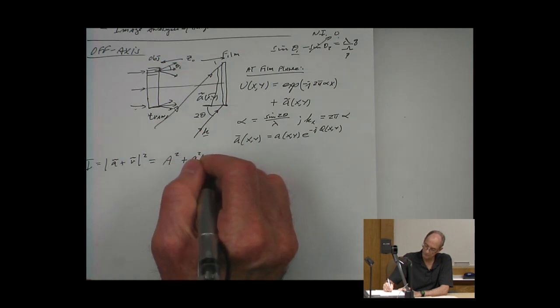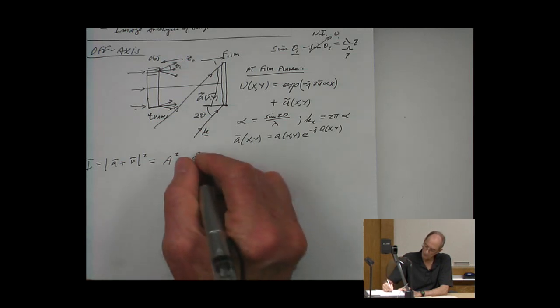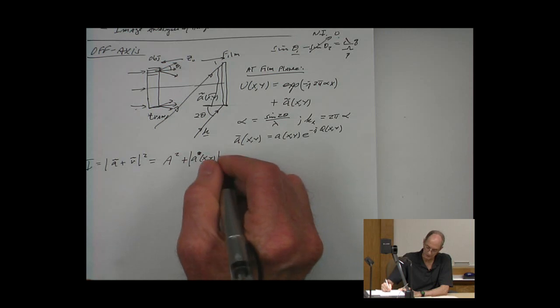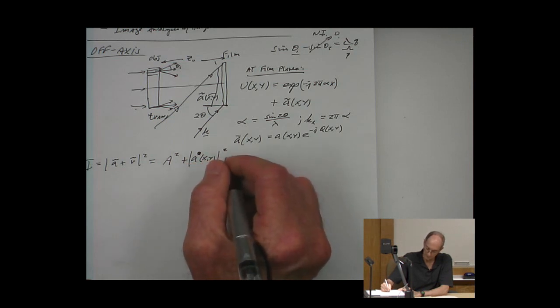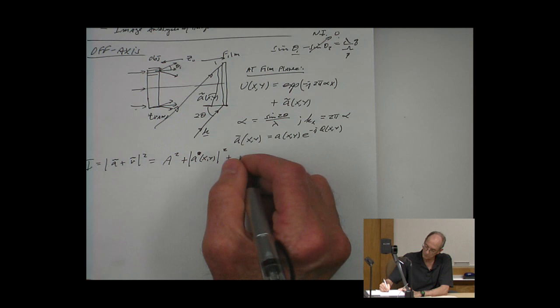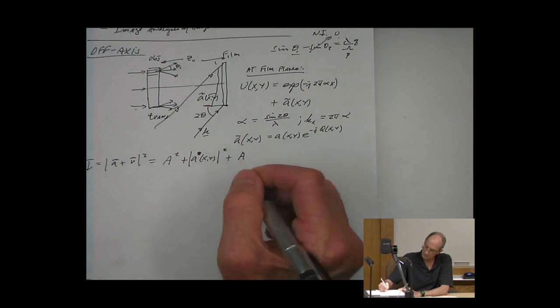So we have, or maybe more precisely, we write that as a square for the a term, and then we have plus a.